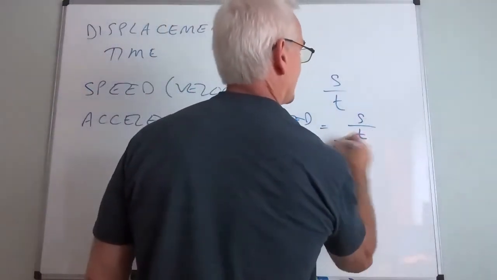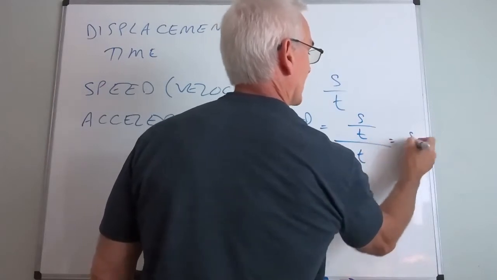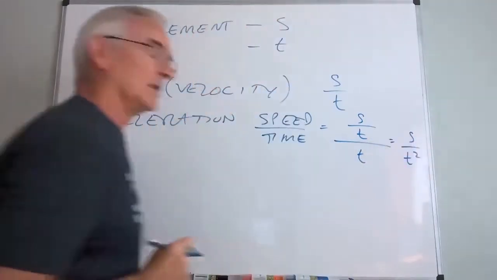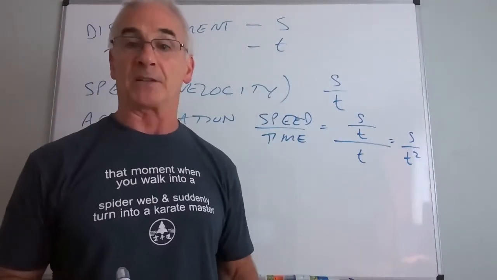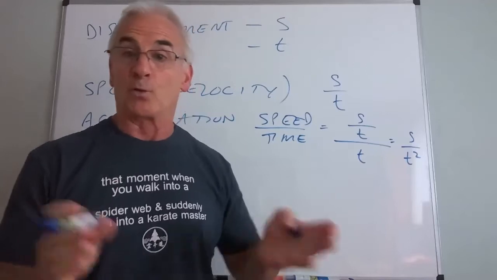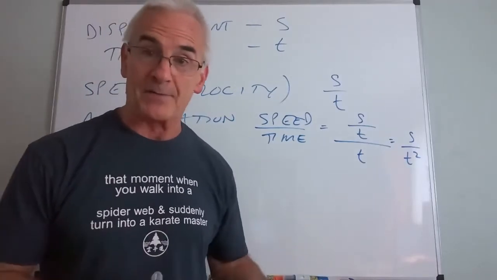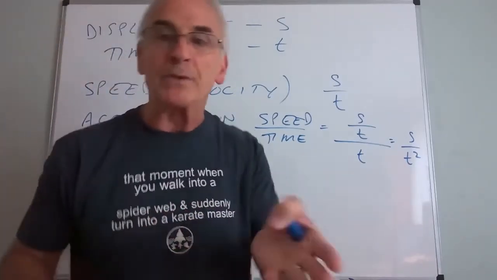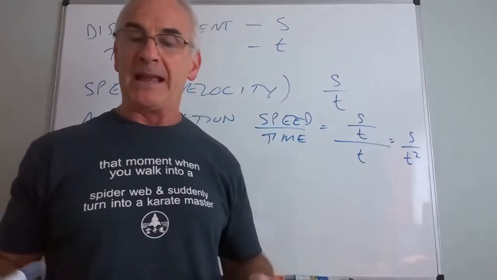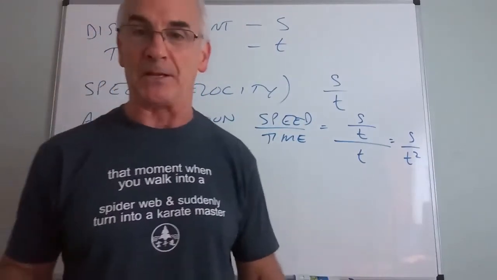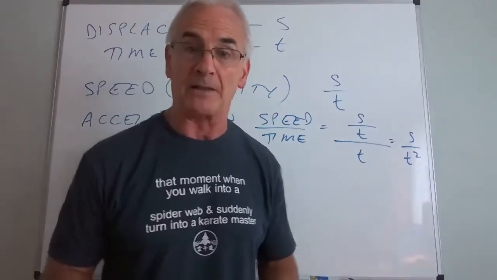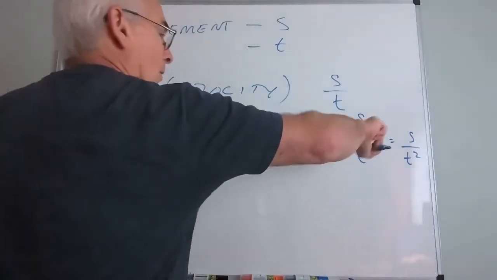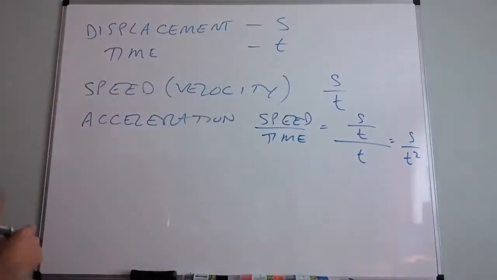Or S over T squared, meters per second squared, feet per minute squared, whatever it is. So we know, for example, gravity, acceleration due to gravity in English standard units is about negative 32 feet per second squared. And in metric, it's about 9.8 meters per second squared. These are constants that many of you are aware of because you may have used them in other classes, okay? So these are very basic units. So I have displacement, speed, acceleration, great.